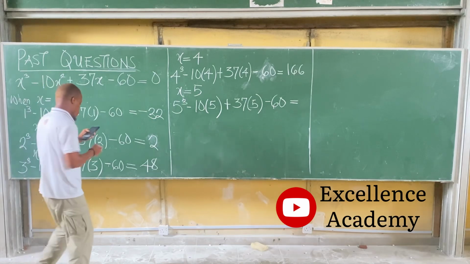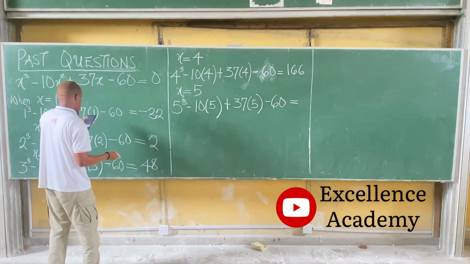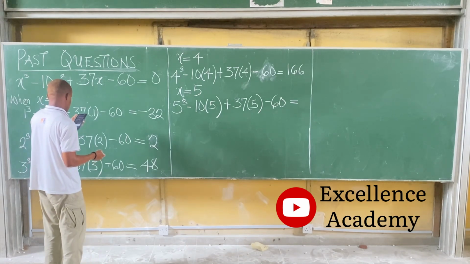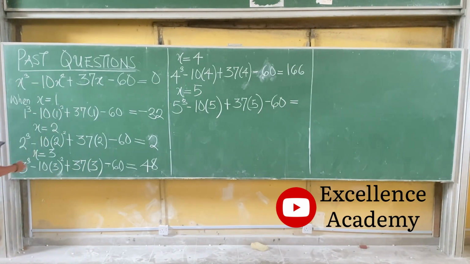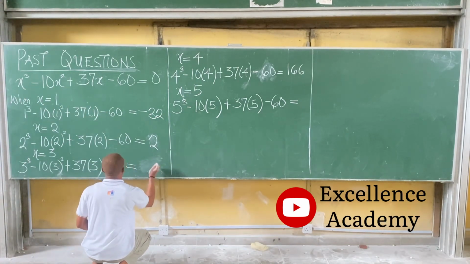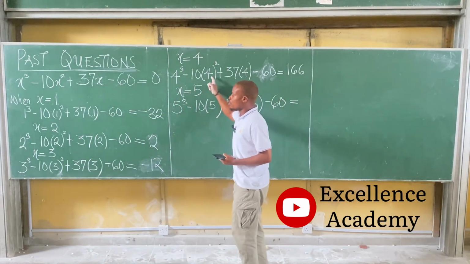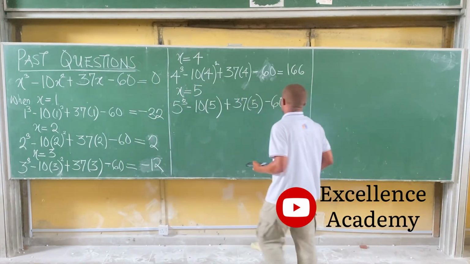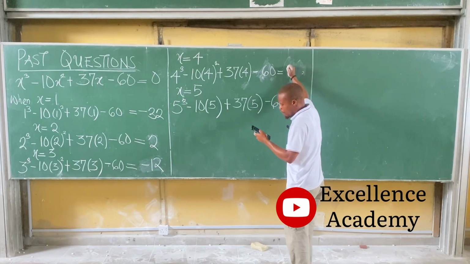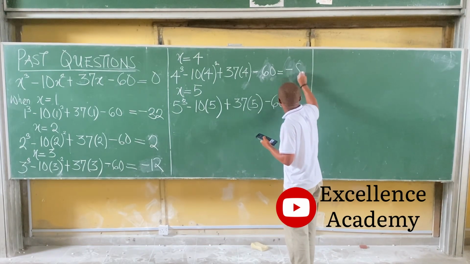All right, and therefore, for this, when x is equal to 3, my answer is minus 12. When x equals 4, I'll get minus 8.